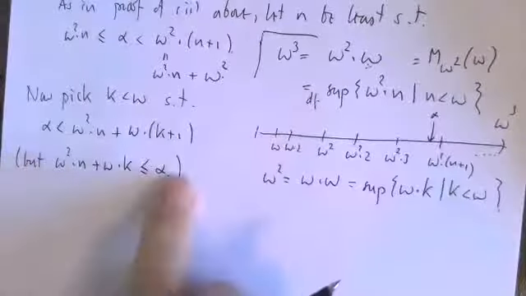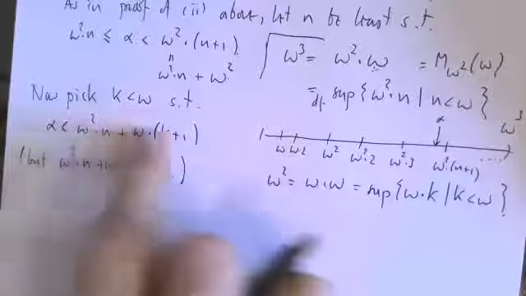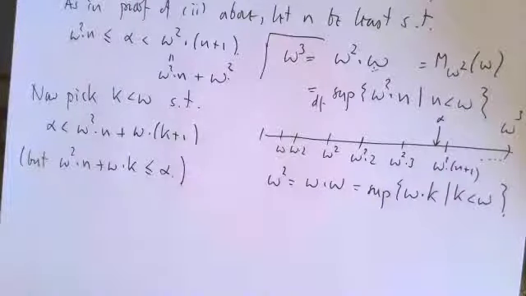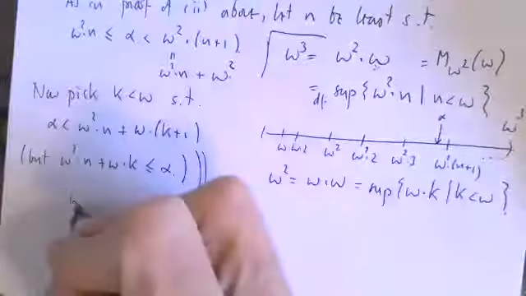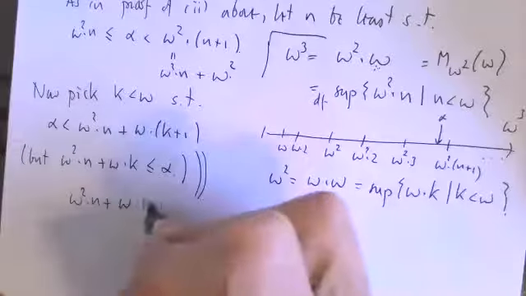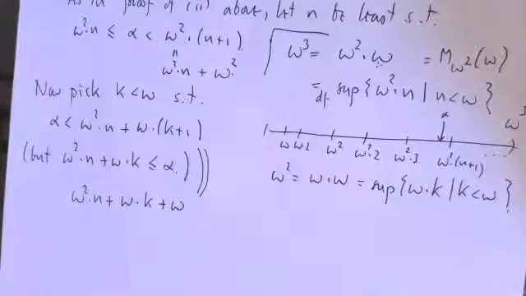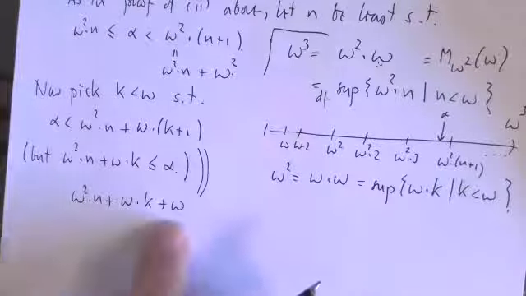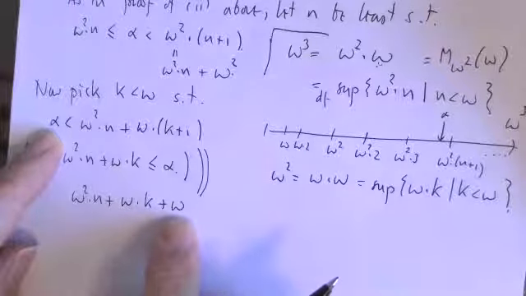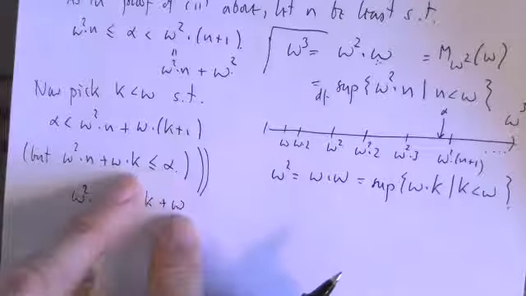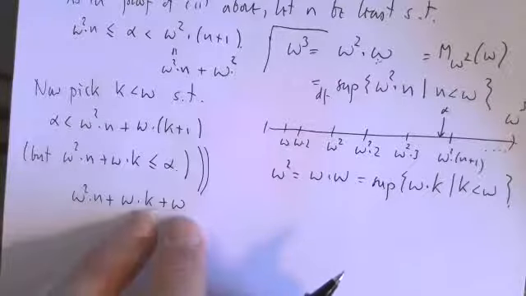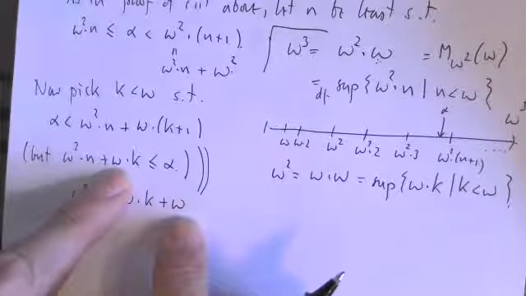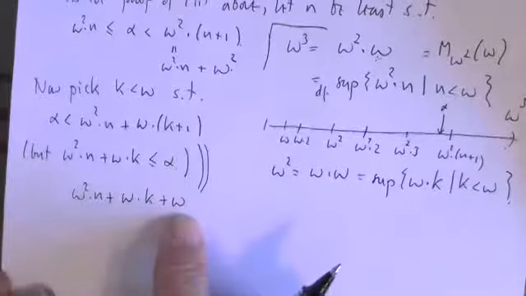I don't even need to write this bit down, right? I'm just analyzing what happens when I go too far. Okay, so this here is omega squared times n plus omega times k plus omega. So again, this is a bit too far, whereas this is less than or equal to alpha. So this is the result of just adding 1, adding 1, adding 1 onto this. So after I've added 1 sufficiently many times, l many times, I get alpha.